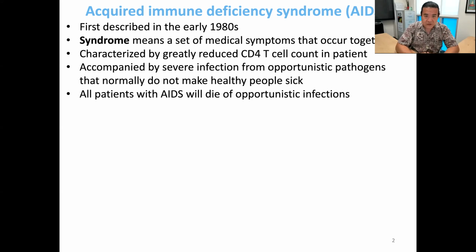The very fact that we don't get sick every single day is a function of us having a strong, robust immune system to recognize things that we are already familiar with, as well as things that we are not familiar with, but can learn to mount a strong adaptive immune response against, in response to brand new pathogens that we previously had not been exposed to. So all patients who die of AIDS die from these opportunistic infections.